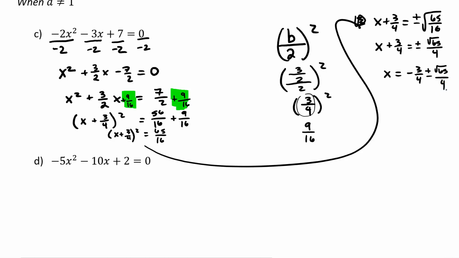Now, if I wanted to, this is a mighty fine answer. There's nothing wrong with that. But since I have common denominators here, I can say negative 3 plus or minus root 65 all over 4. Now that looks a lot like our quadratic formula answers, doesn't it?